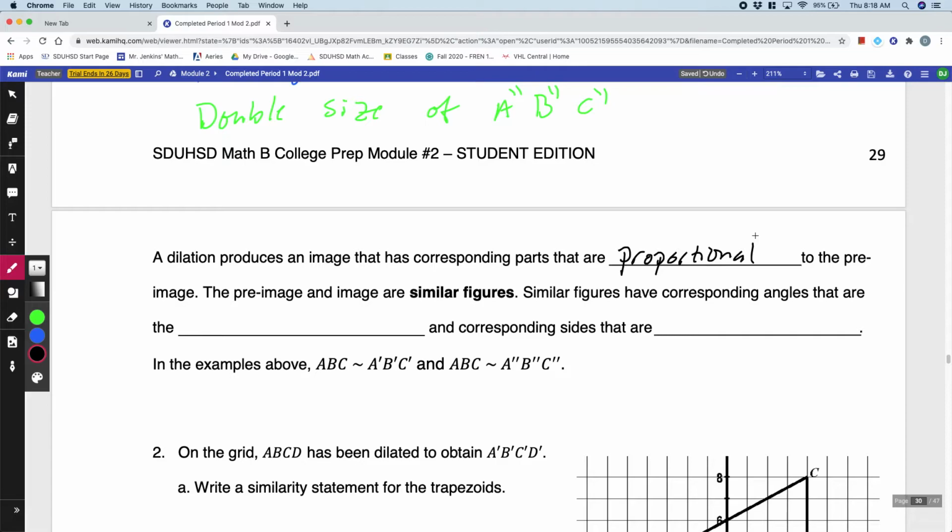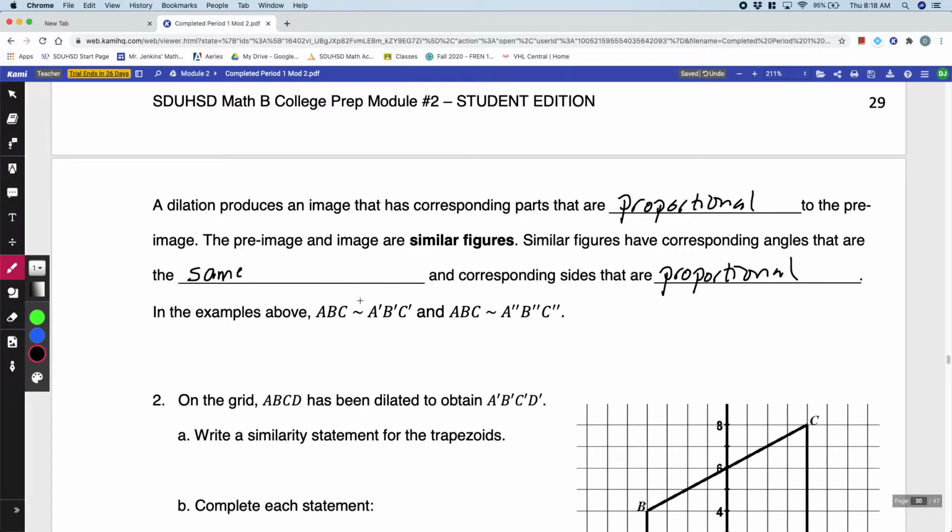Okay, similar figures have corresponding angles that are the same. So angles are the same, and corresponding sides are proportionally related. So right here, do you guys see this squiggly sign?